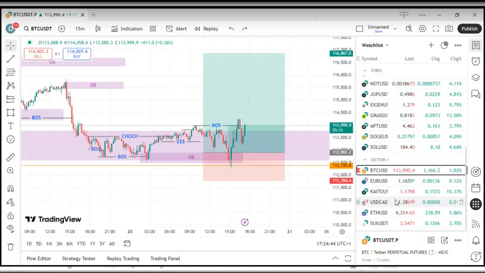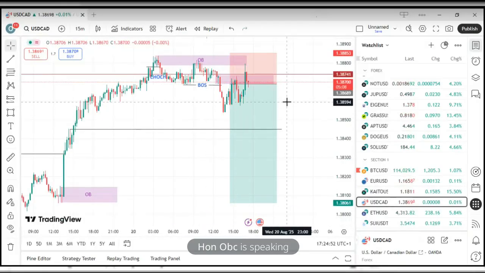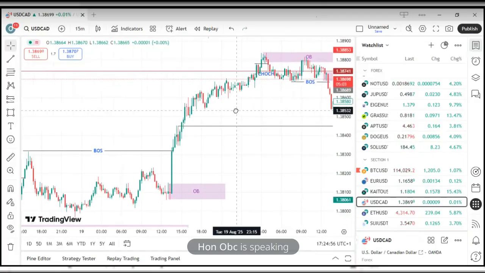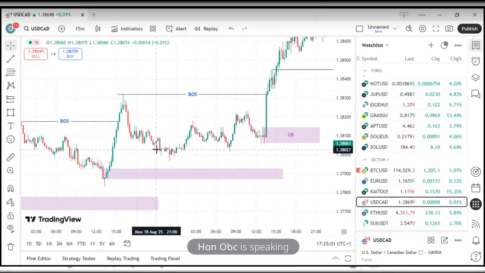Let me show us another example. Okay, let me see if this one. You have a liquidity sweep here. Like all these clusters of candles now, you can see there are clusters, but there is a liquidity sweeping candle here.